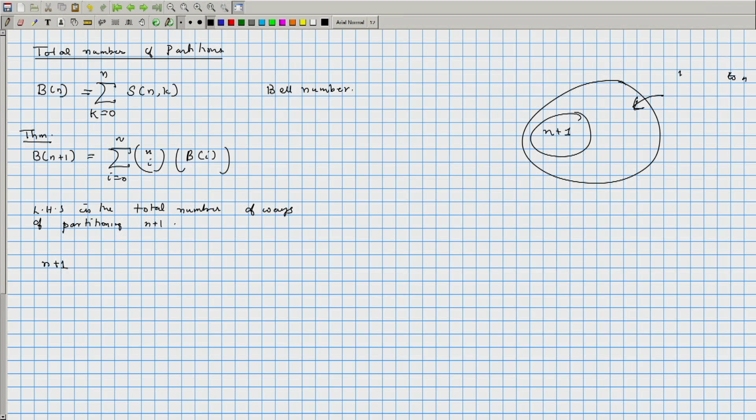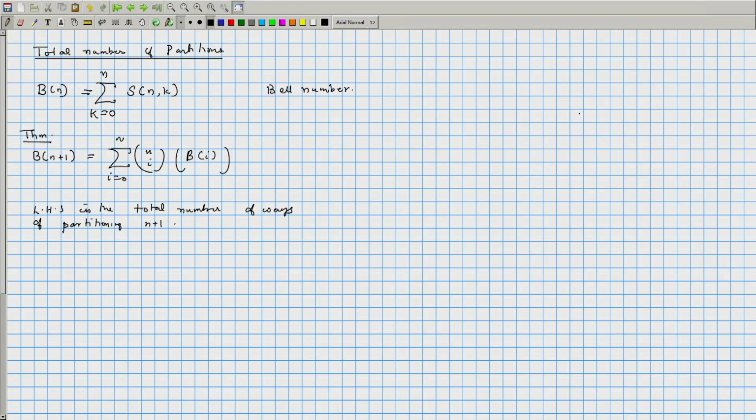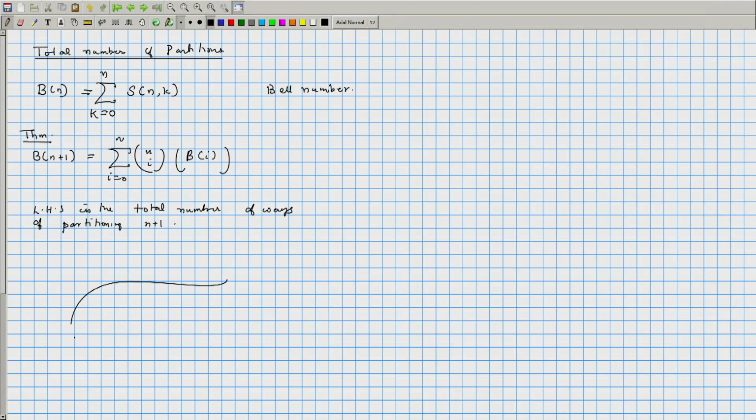What we are looking at is the block in which n plus 1 is present and its complement. So, in order to prove this theorem, we look at the element n plus 1. In any partition, n plus 1 should be in one of the parts, and the remaining elements can be of size 1 to n. So, this is what we are saying.